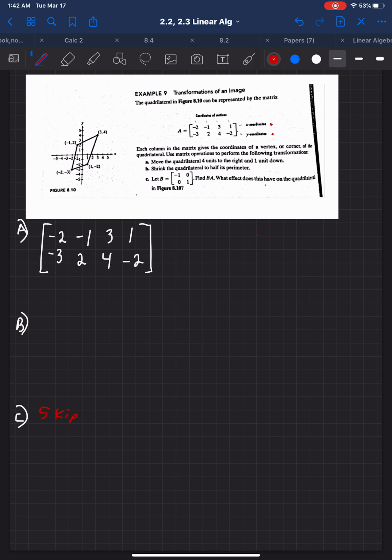So if you wanted to graph the point -2, -3, you can see how that's just an x coordinate, y coordinate inside this matrix.